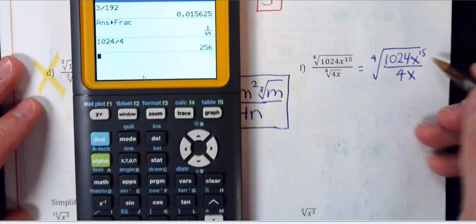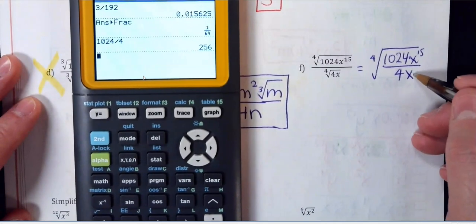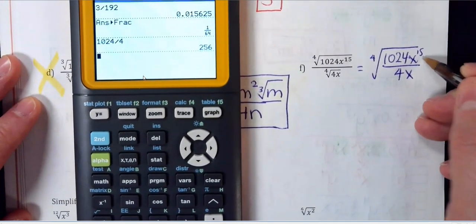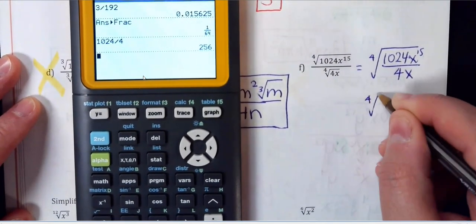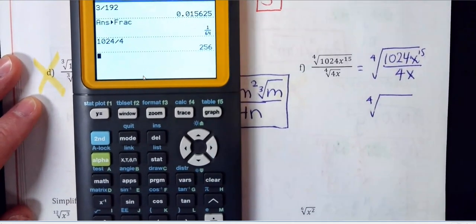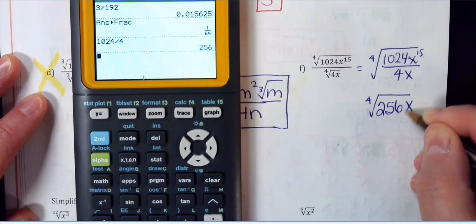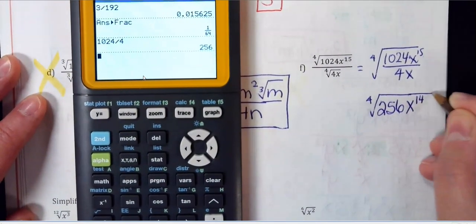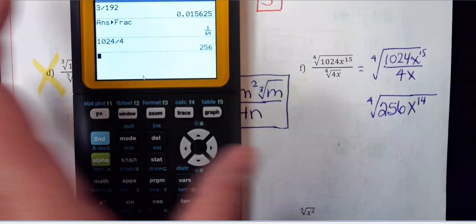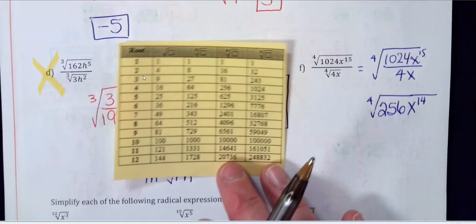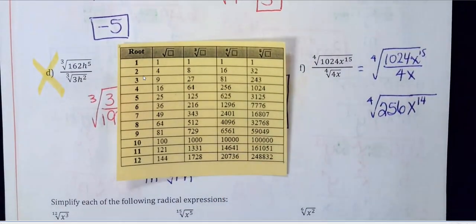And then with the x's, it's kind of the same thing. This 1x on the bottom is going to cancel 1 on the top. You're not going to have a fraction here if you simplify this first. This should be 256, and then x to the 14th. Now, if you're looking at your lovely little list of perfect fourths, you'll see 256, in that 4th column, is the 4th number down.